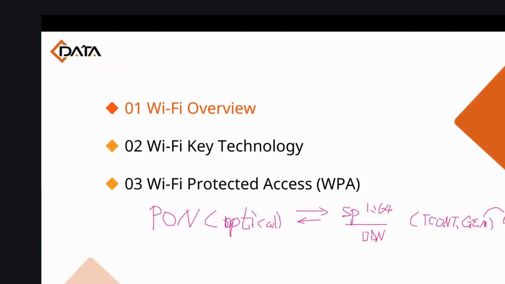We understand the OLT and the ONU, whose function is to convert between the Ethernet packet and the GTC packet. And then we have the IP address knowledge.